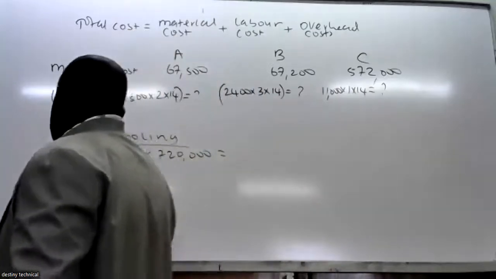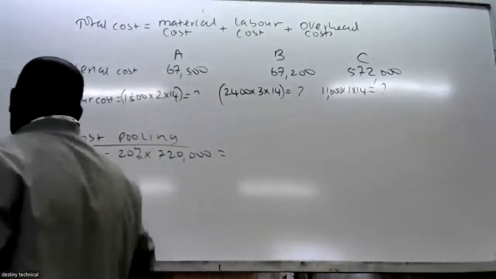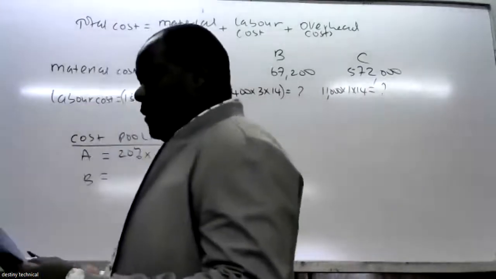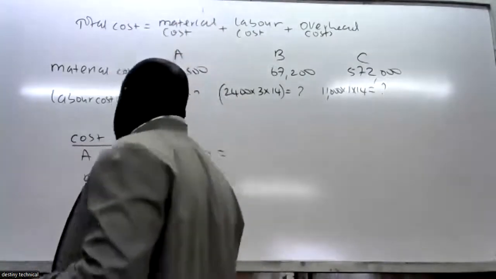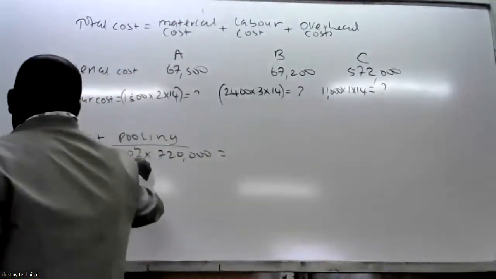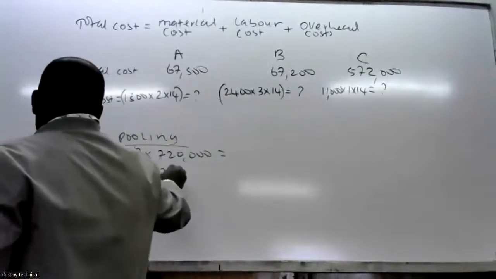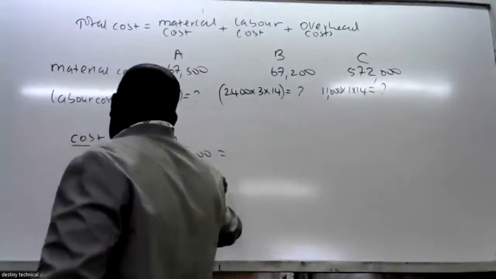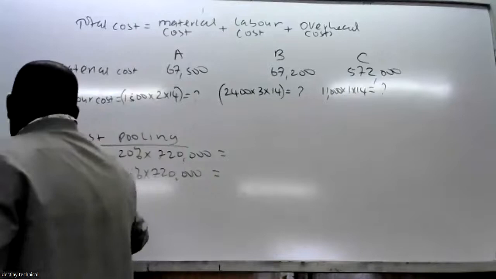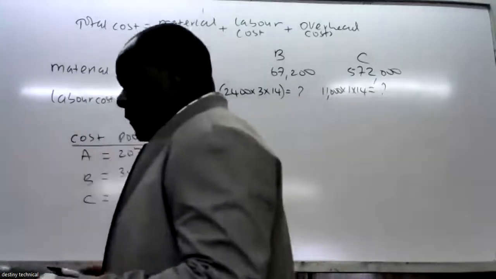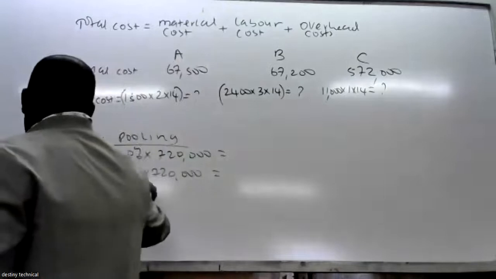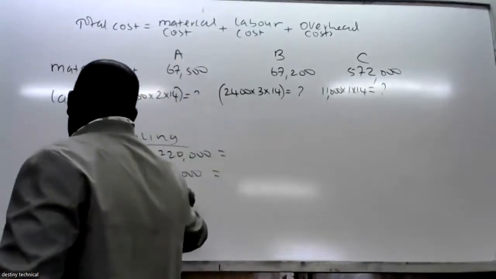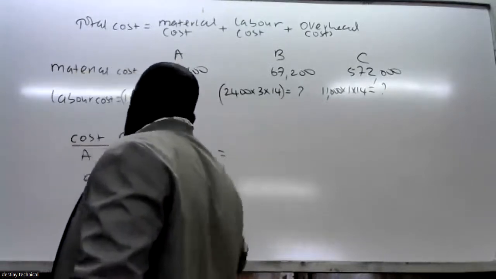Then you also compute for B. For B, it should be 35% of 720,000. And for C, it is supposed to be 45% of 720,000.